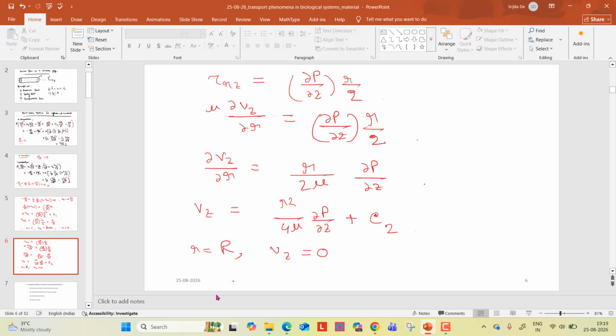So, if you write this, you will get C2. 0 equals to R square by 4 mu del p del z plus C2. Therefore, C2 will be minus R square by 4 mu del p del z, right?